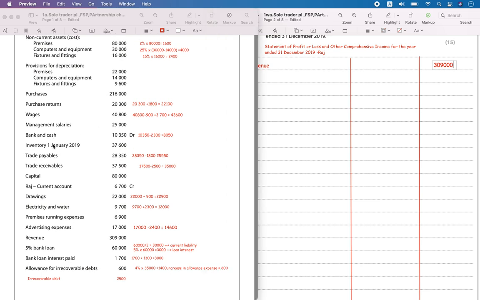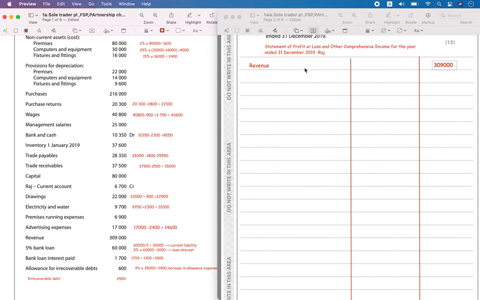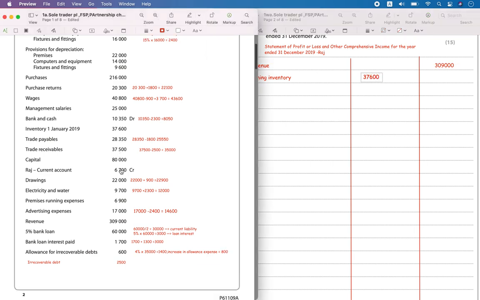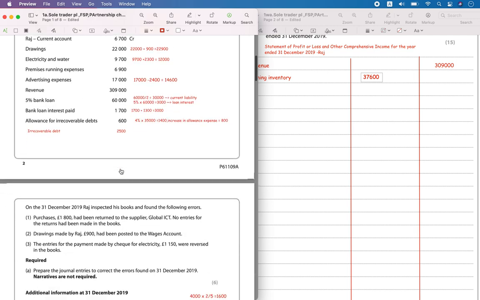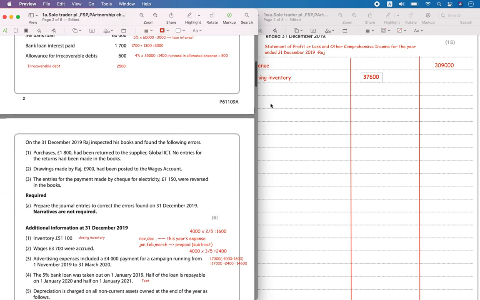Then the next one is opening inventory, that is around 37,600. It has no adjustment, so I'm going to write 37,600.